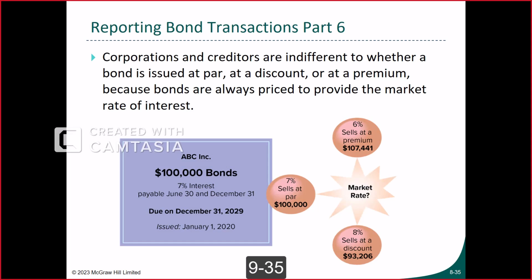Do you see with this illustration that at the end of the day, over the 10 years, there is no winner, no loser in this? Whether issuance is done at par or at premium or at discount, at the end of the day, it would be similar, right? It is a matter of whether you pay more or less now, or you pay more or less at every interest period. Do you see this?